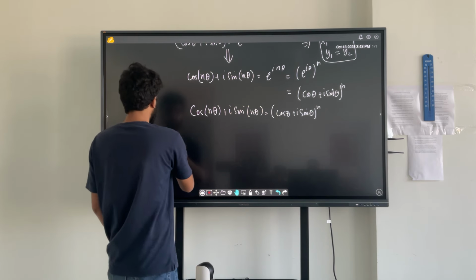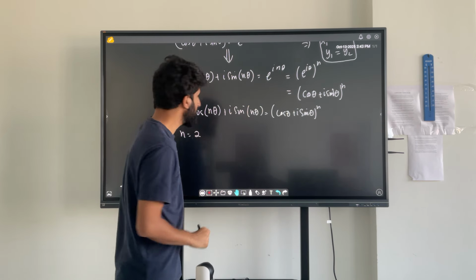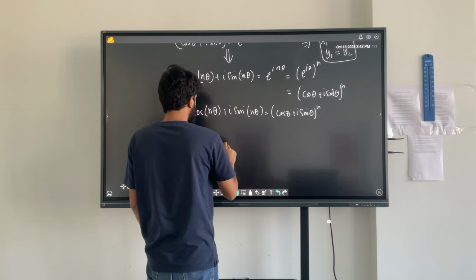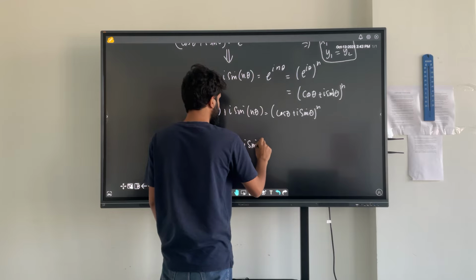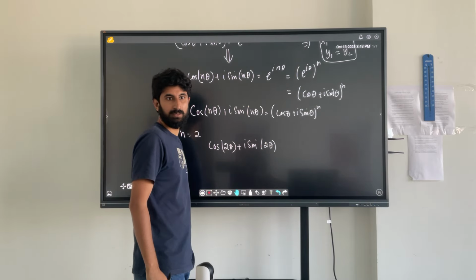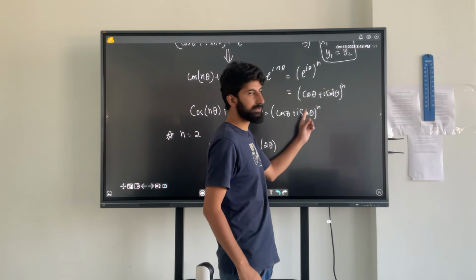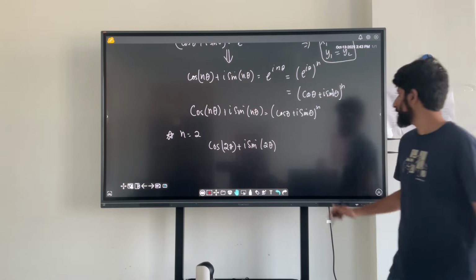Now let me put n equal to 2. What do I get? I get cos 2 theta plus i sine 2 theta, which is the same as (cos theta plus iota sine theta) whole squared. So I can just square this.